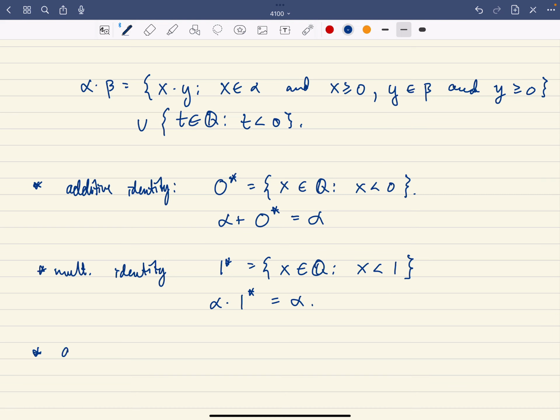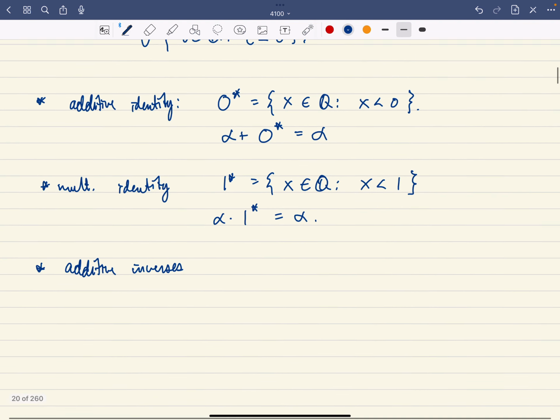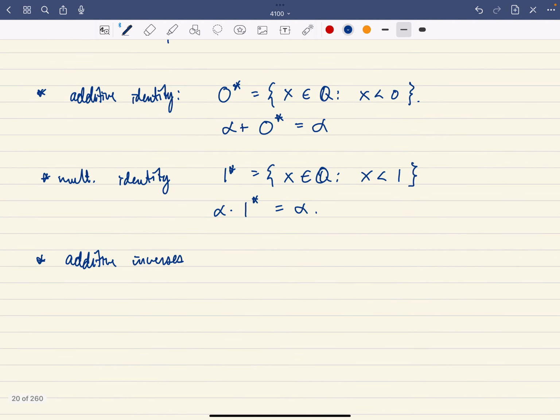There are additive inverses. Every cut has an additive inverse. So alpha is going to be some cut.